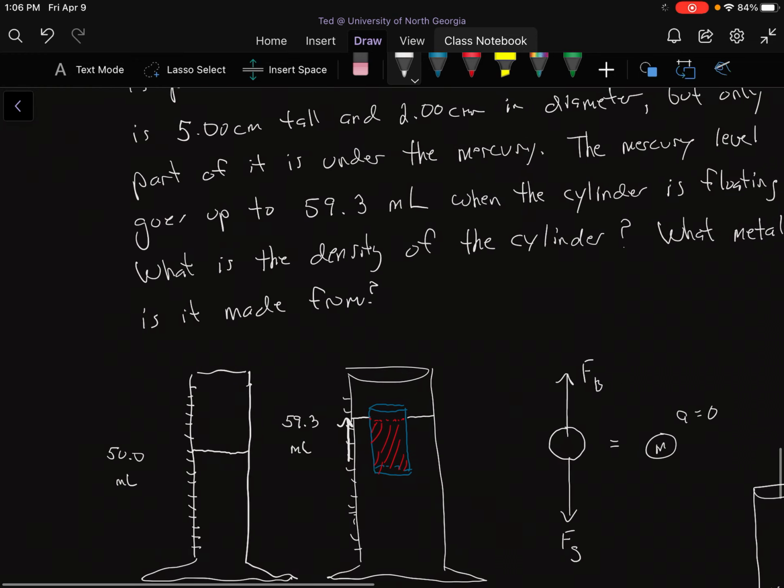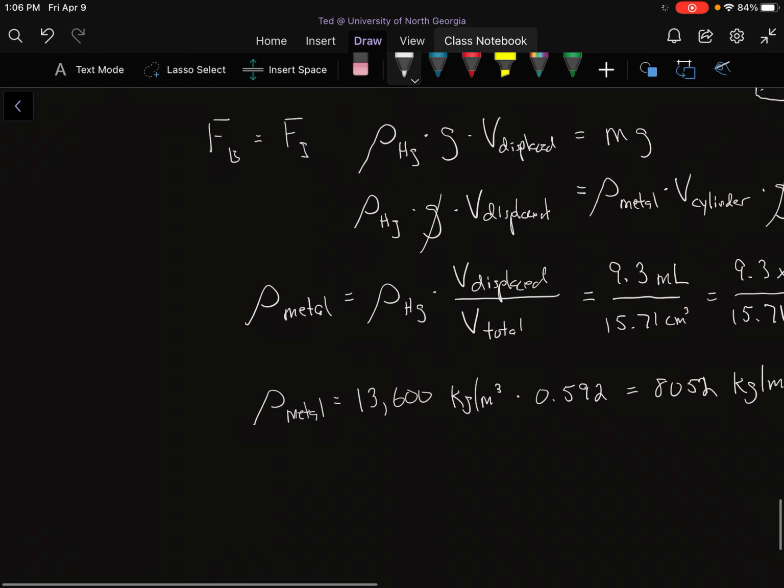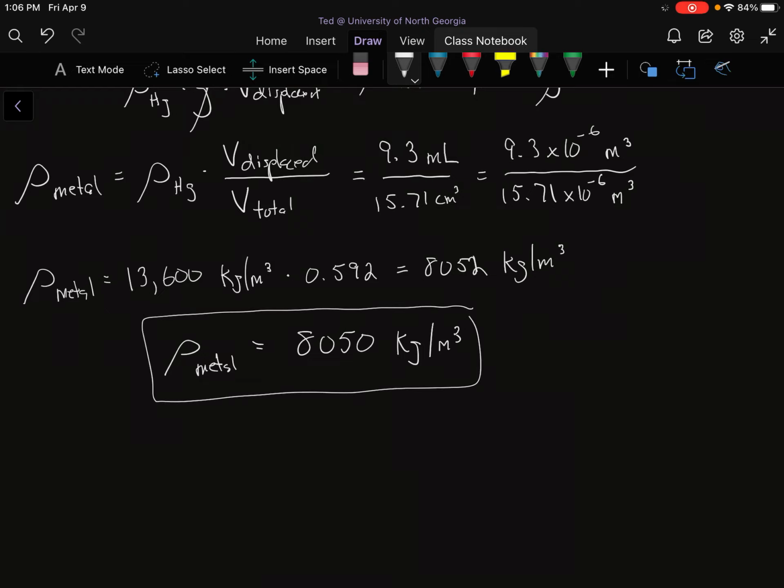And looking at the problem, it looks like I have 3 significant digits, so I should round to 3 significant digits in my answer. So that is 80.50 kilograms per meter cubed, the density of the metal cylinder that is floating in the mercury.